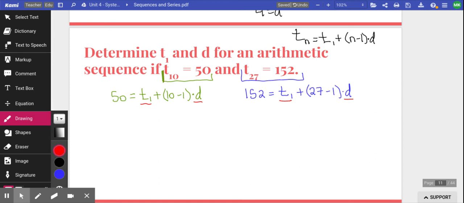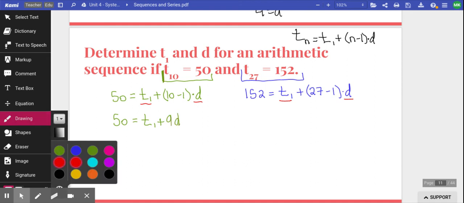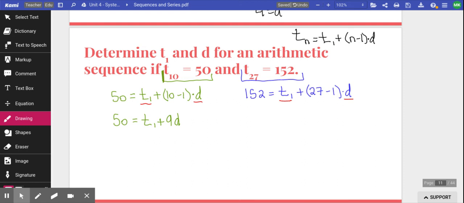This question, if you do a little calculation, nicely fits elimination. So I have 50 equals T of 1 plus 9D. If I calculate the brackets on the blue one, I get 152 equals T of 1 plus 26D.